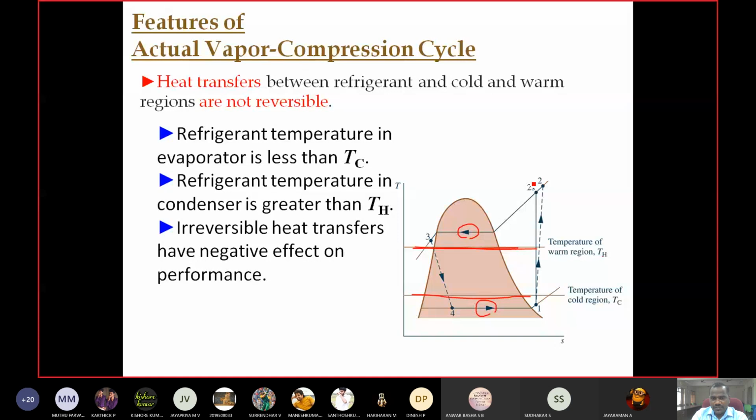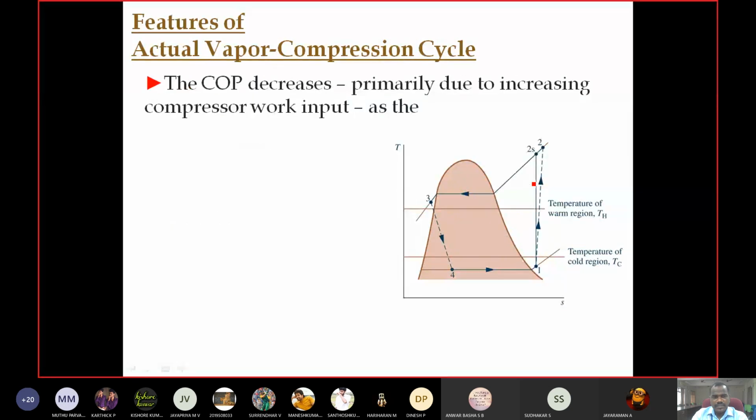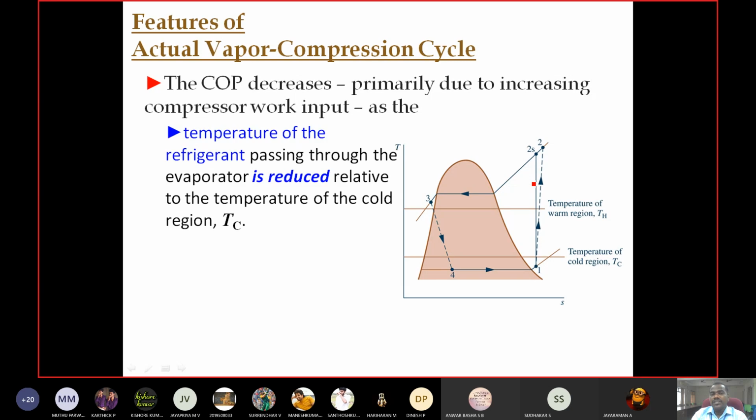We know, right? So irreversible heat transfer. The refrigerant should have a reversible heat transfer. Right. So the COP decreases primarily due to increasing compression work input as the temperature of the refrigerant passing through the evaporator is reduced relative to the temperature of the cold region.